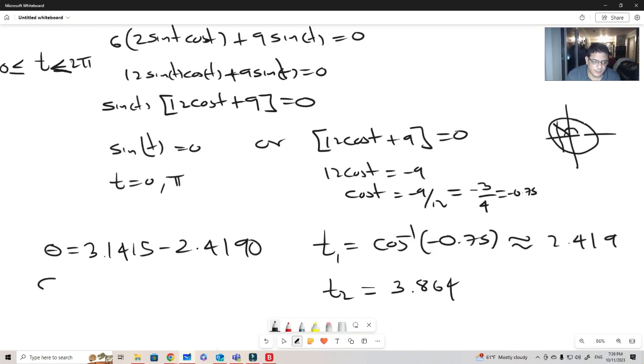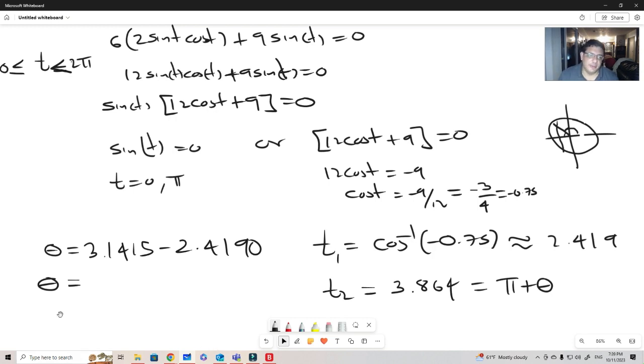Backwards, sorry. And so this will give you your reference angle. And then for t2, that's going to be pi plus whatever theta you found here. And that's going to give you the angle here in the third quadrant.